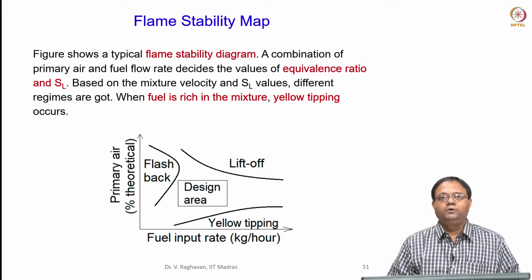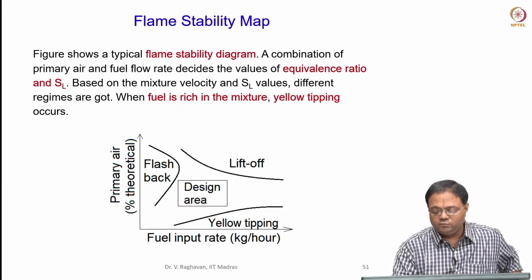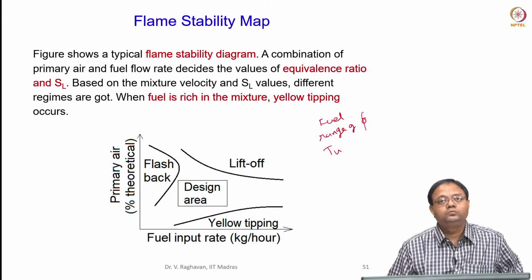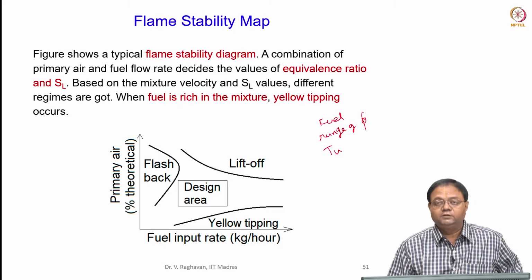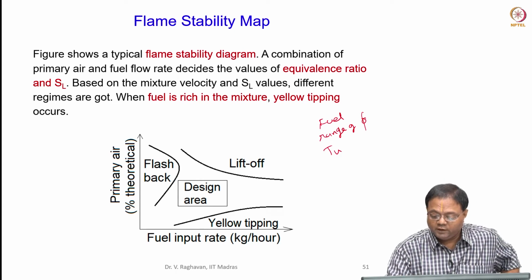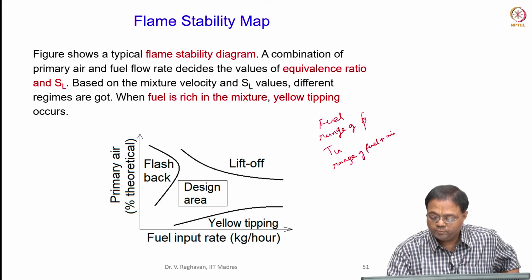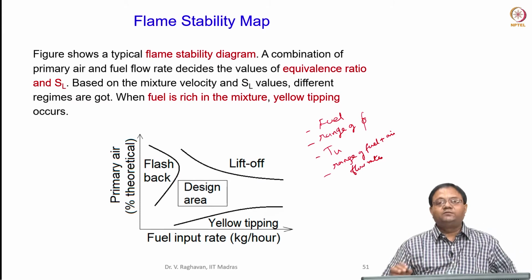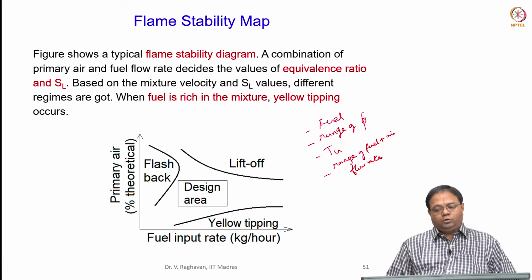When you have a burner with premix reactants, we have to select first the fuel, then the range of equivalence ratio, then the unburnt temperature TU range, and also the range of flow rates. So this you have to first fix. So that will be the range.